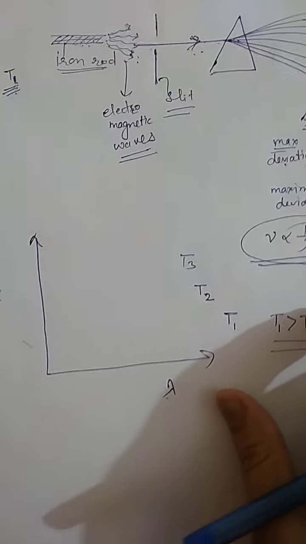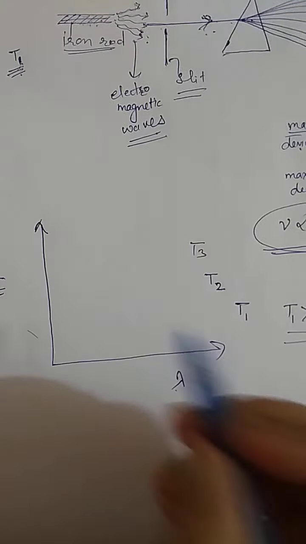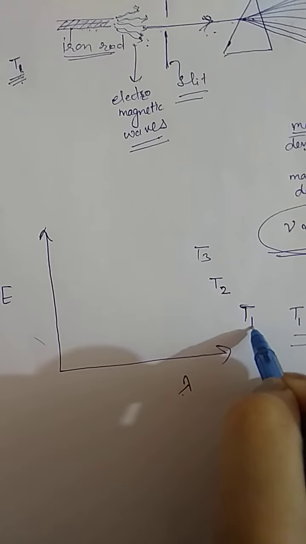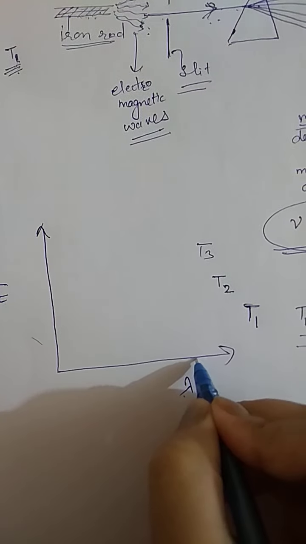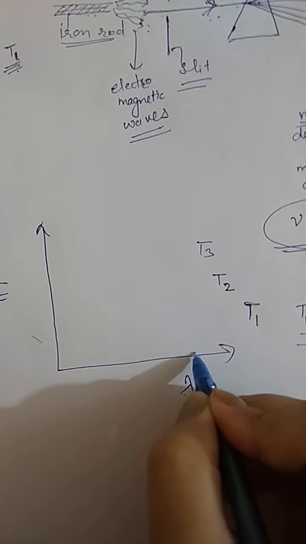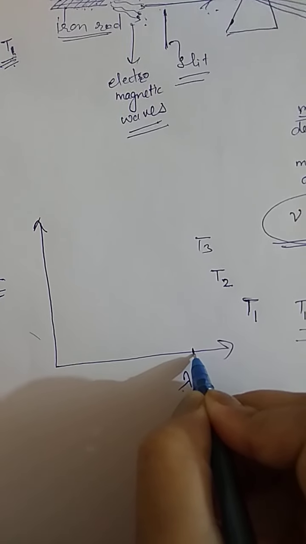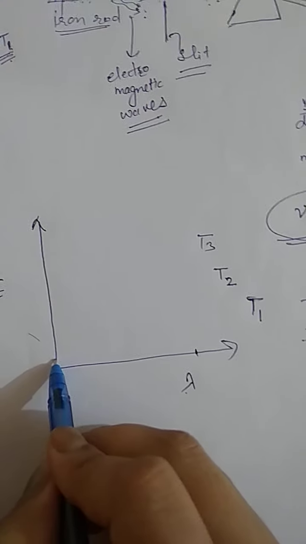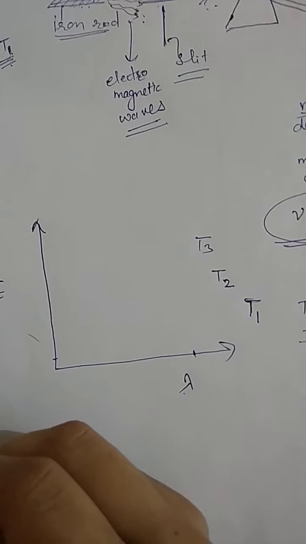It was observed that when the temperature is T1, the value of wavelength was somewhere here and energy was minimum.